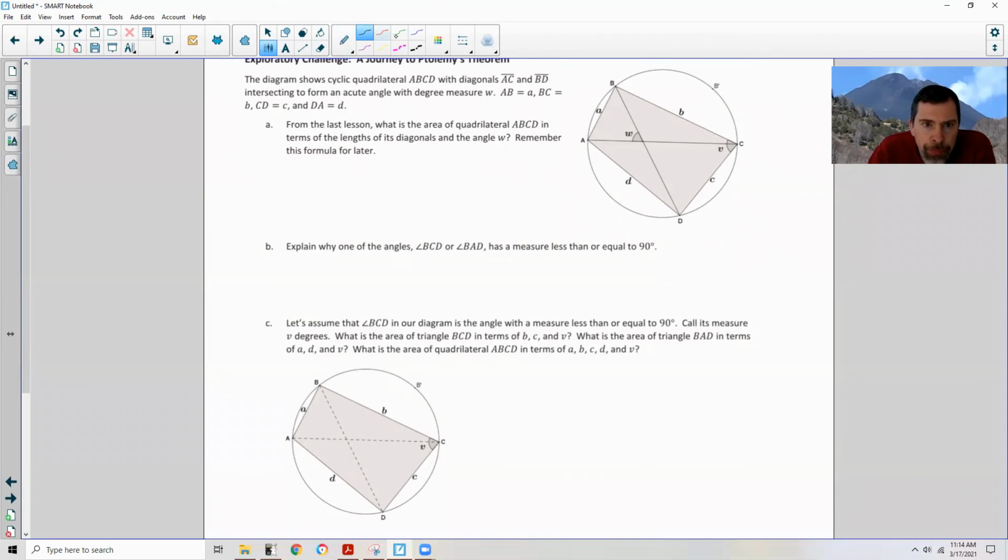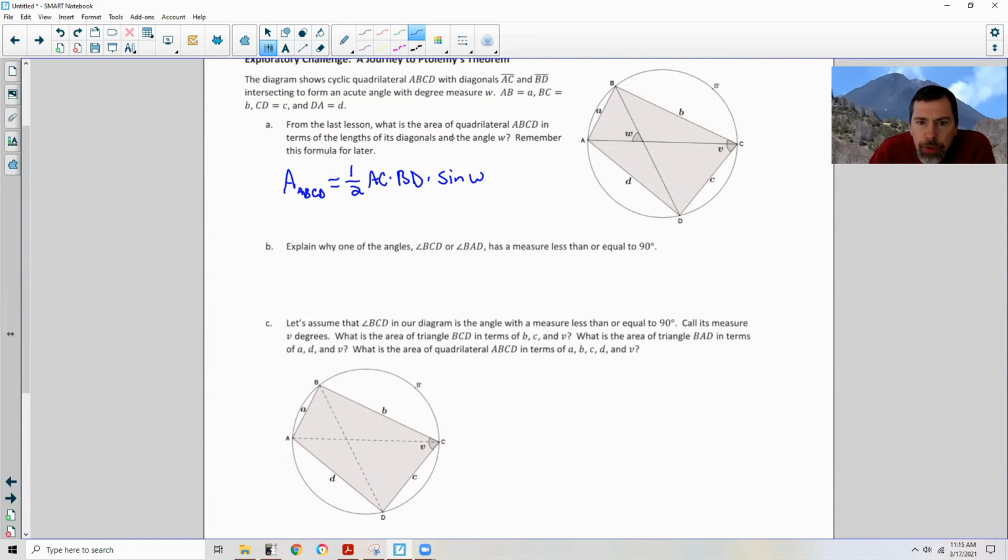So hopefully you remember this, but if not, and you have your module open and you've done this lesson, flip back a couple pages and look it up. So it's area of ABCD, the quadrilateral, equals 1/2 one diagonal times the other diagonal times the sine of that angle.